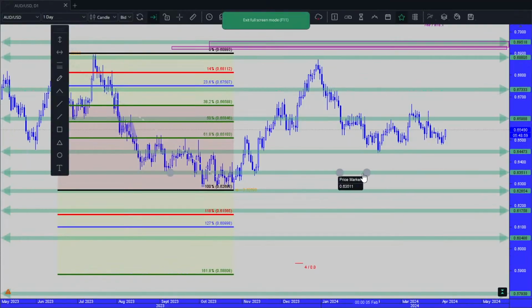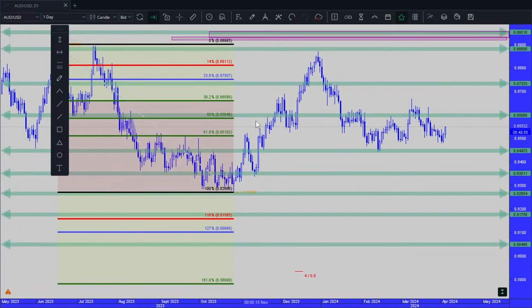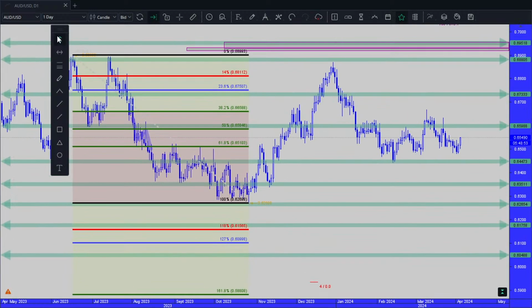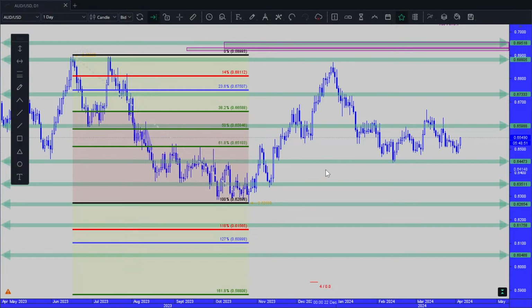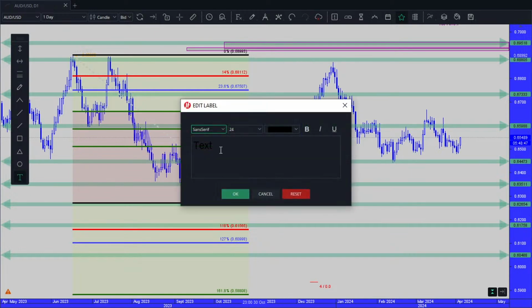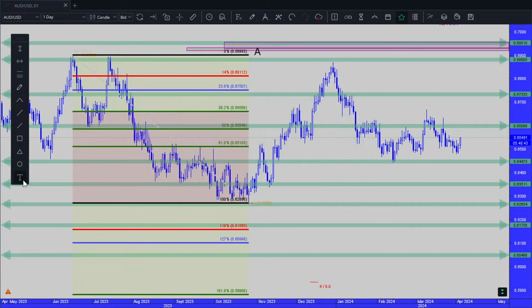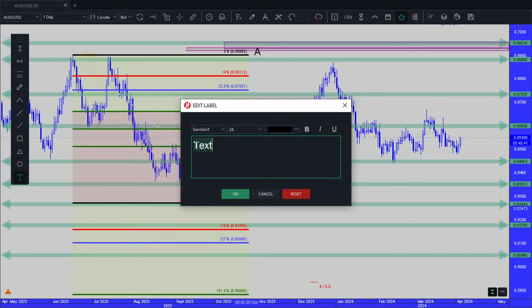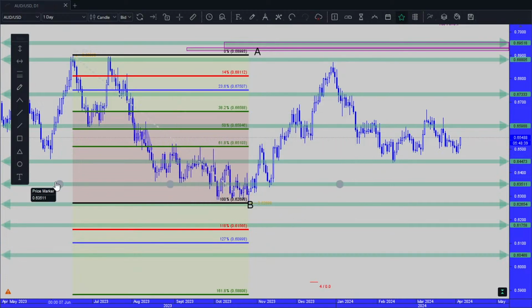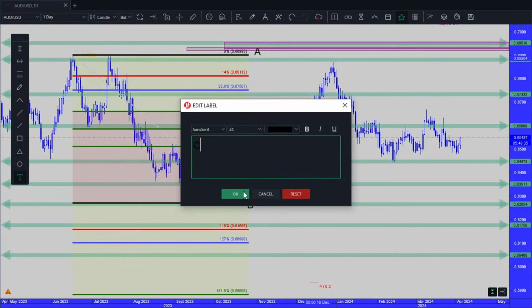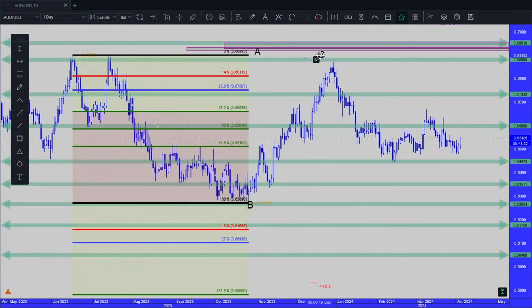Alright? So, we have this is AUD USD daily chart, and we're going to put some text in here. This is our A, up in here. This is our B, down in here. And this is our C, up in here, ABC. Alright?